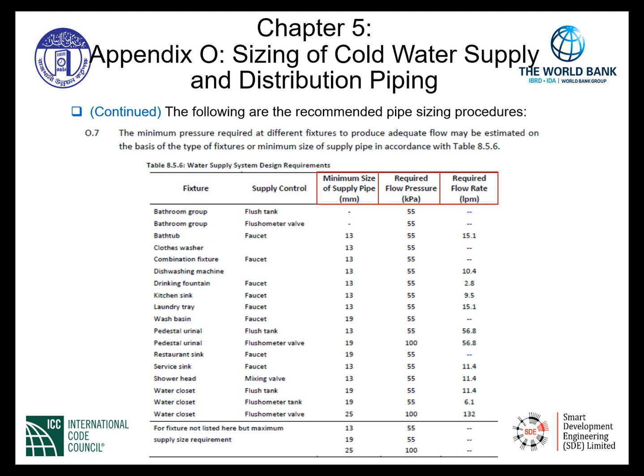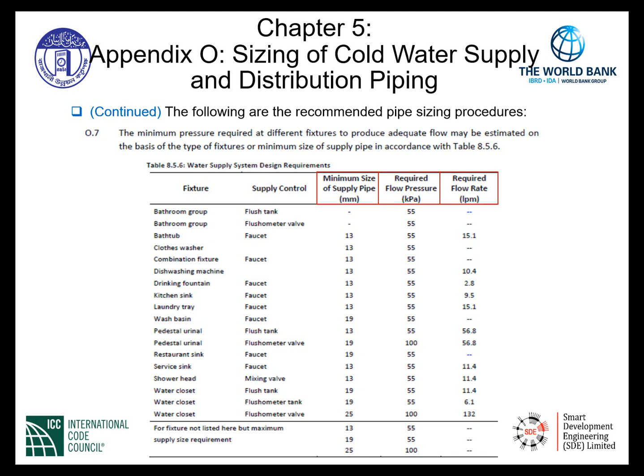The third column gives us the minimum size of the supply pipe in millimeters. As an example, a kitchen sink. A kitchen sink is indicated as the fixture. The supply control is a faucet. The minimum pipe supply must be not less than 13 millimeters.